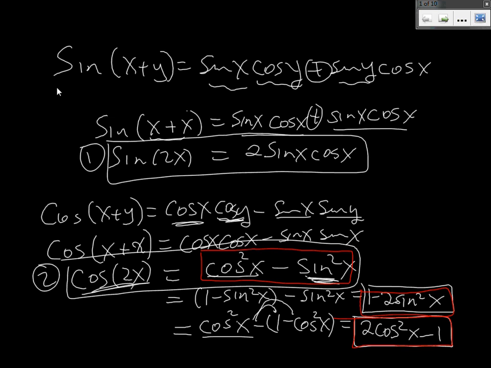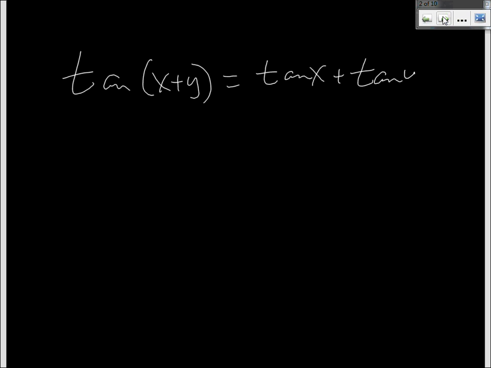Now, what about the tangent? Well, the tangent of x plus y, if I remember correctly, it was tan x plus tangent y divided by 1 minus tan x tan y.